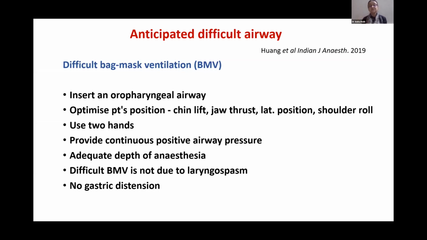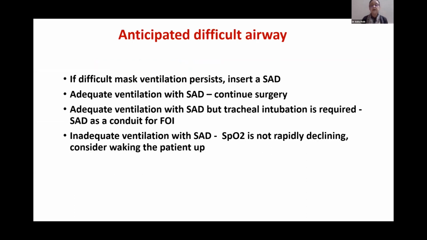And you have to see whether there is gastric distension or not. If it is there because of IPPV with mask, then one has to desufflate this and proceed, because gastric distension splints up the diaphragm.